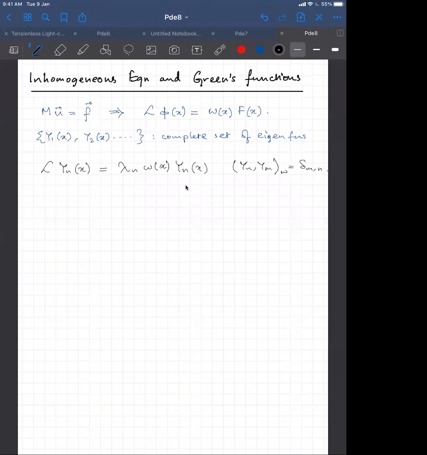And now we are going to expand phi of x as the summation n goes from 1 to infinity of phi n yn of x, and f of x similarly as the summation n goes from 1 to infinity of fn yn of x.